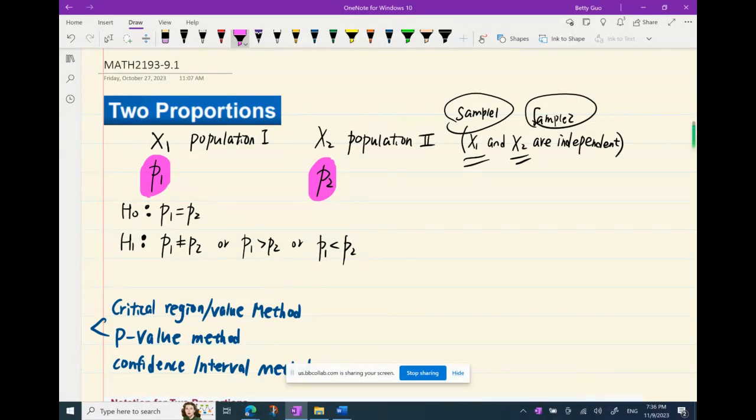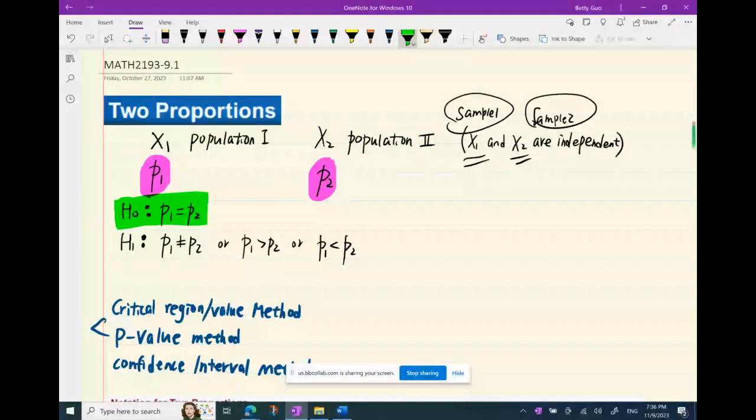For this type of hypothesis test, the null hypothesis is always P sub 1 equals P sub 2. When we test a claim regarding 2 population proportions, the null is always P1 equals P2.